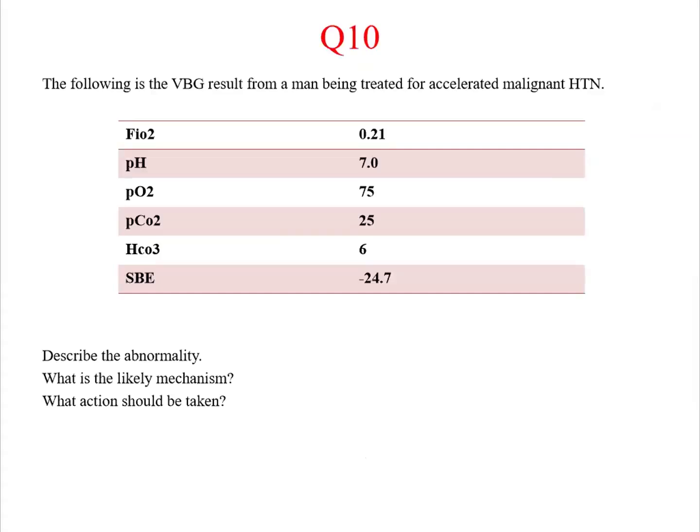FiO2 0.21, his pH is 7, PO2 is 75, PCO2 is 25, bicarb is 6, and base excess is minus 24.7. Describe the abnormality, what is the likely mechanism, and what action should be taken.